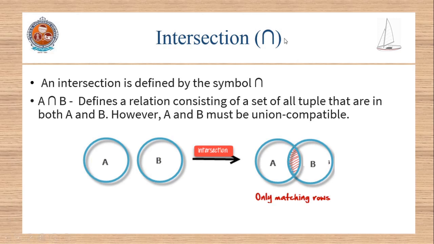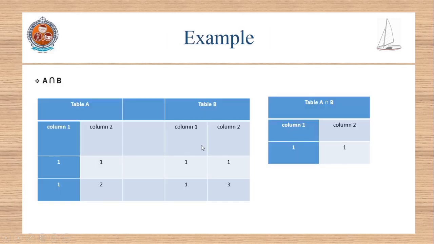So for performing this intersection operation, both the relations which are participating in this must be union compatible. So consider the example, the same two relations we have taken, table A and table B. And here this is the output of the operation A intersection B, where it is having the tuples which are common in both the relations.